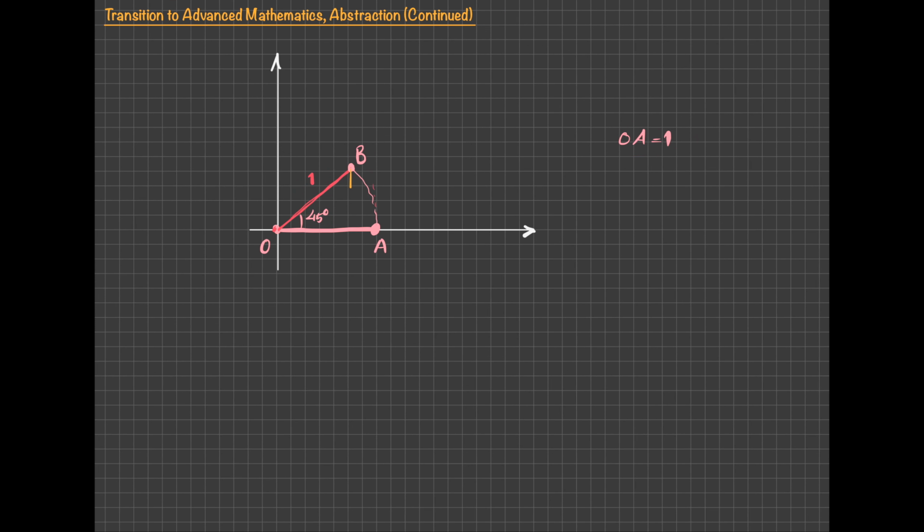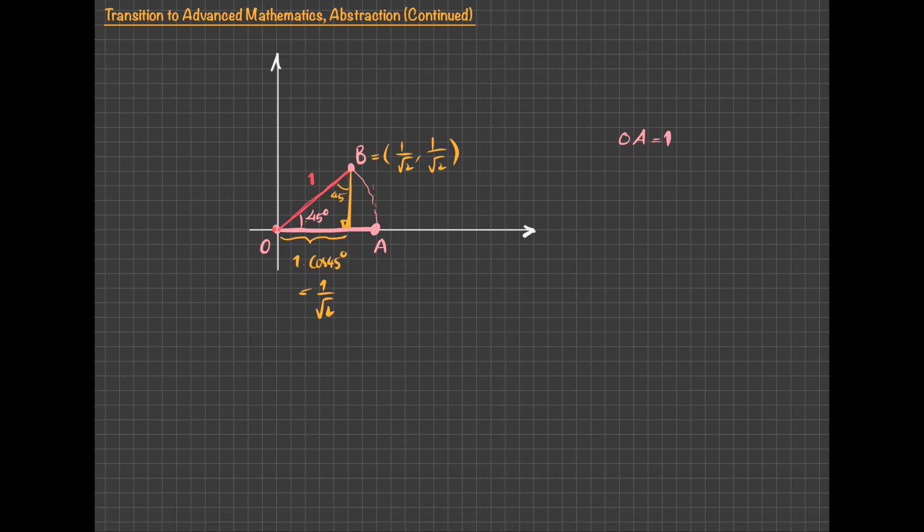I draw a perpendicular line here, and then this is 1 times cosine 45, which becomes 1 over square root of 2, and this one is also the same, because if this is 45, that's also 45. So the coordinates of B are 1 over square root of 2, 1 over square root of 2.